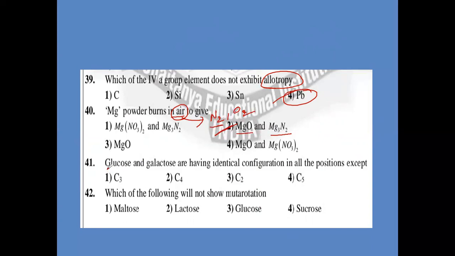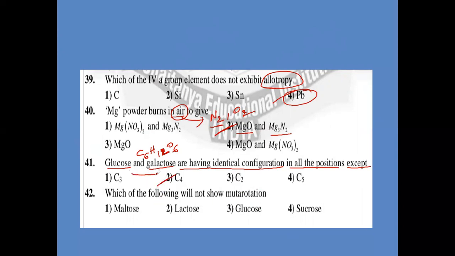Next. Now glucose and galactose both have the same formula, I told you. What is the formula? C6H12O6. So glucose and galactose both have the same molecular formula. They have identical configuration in all the positions except which carbon? C4.